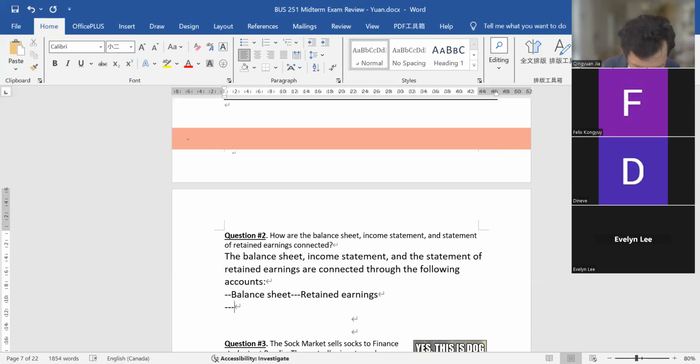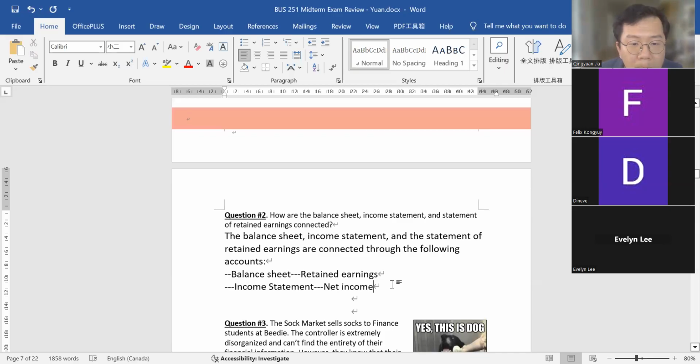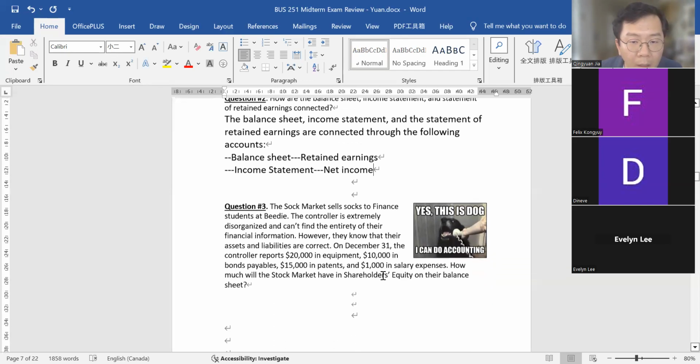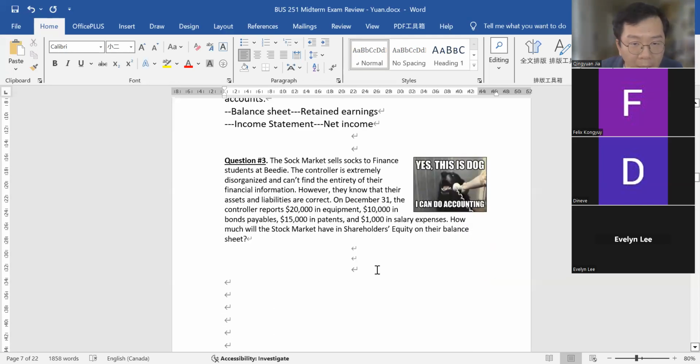Again, let me repeat. The income statement produces net income, and net income gets added to retained earnings, and retained earnings get reported on the balance sheet. Okay, that's it. Let's move to the next question.